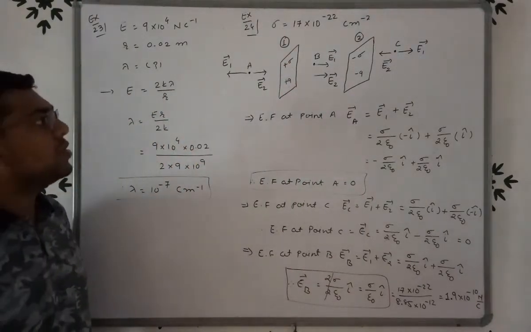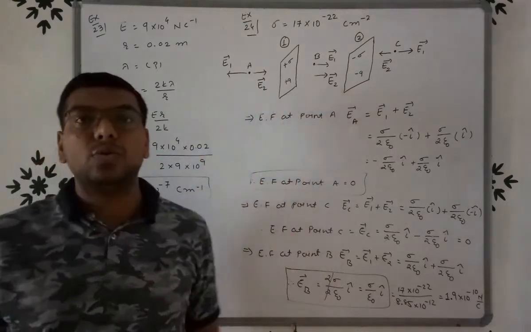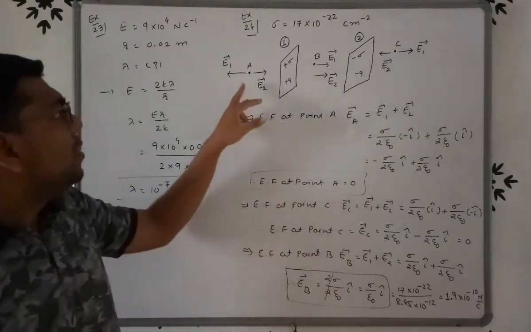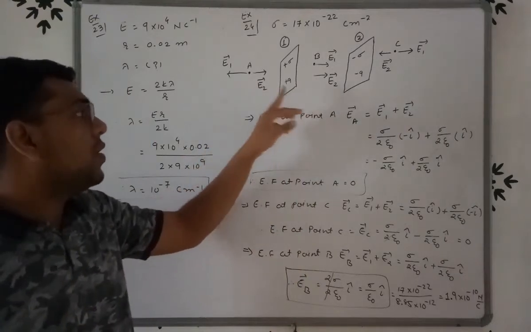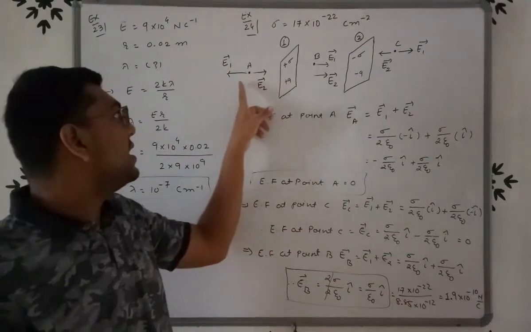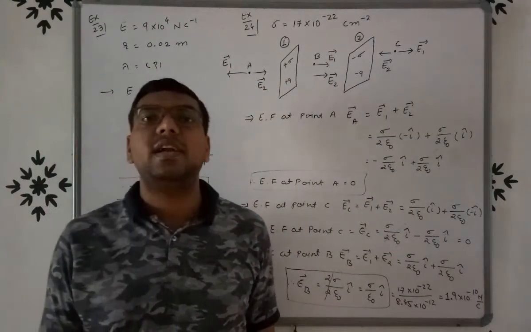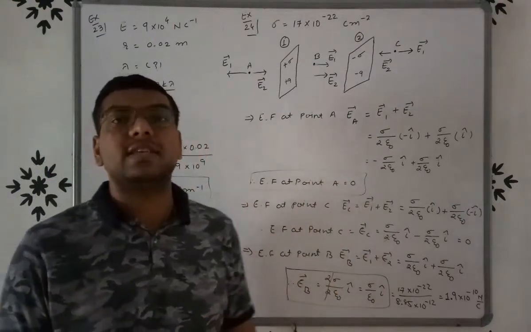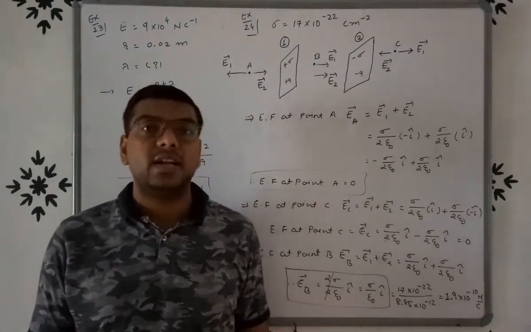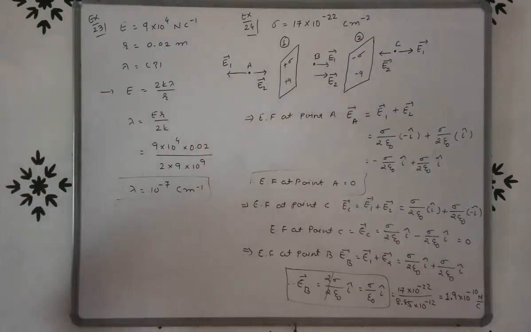You have to draw the direction of electric field properly. If you make a mistake in the direction of electric field, then the calculation will be wrong. So take care. Okay, so this is example number 24.